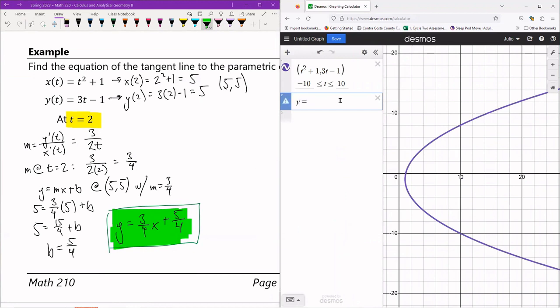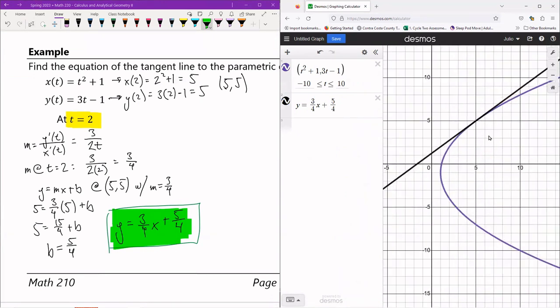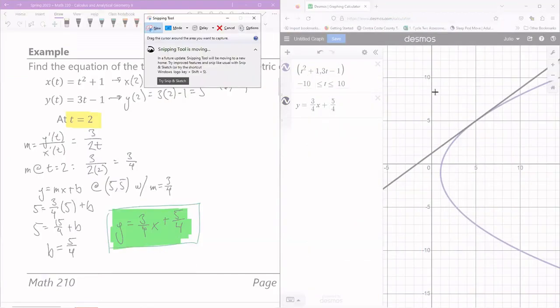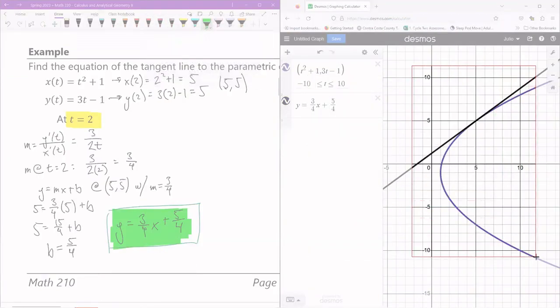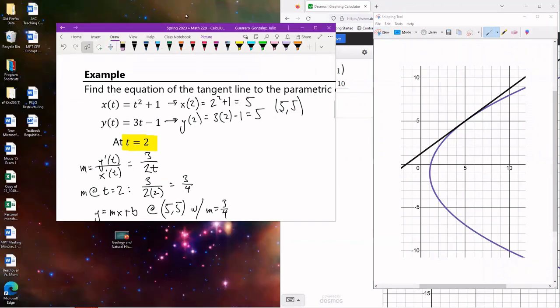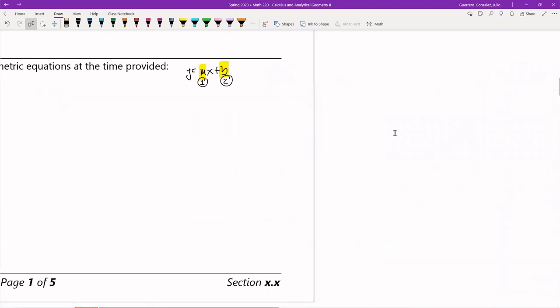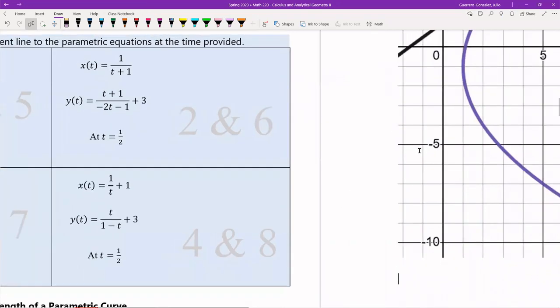So y is equal to 3 divided by 4x plus 5 divided by 4. And lo and behold, that looks pretty darn tangent to me, right? So just to drive home the fact, I'm going to grab this, snip it, and put it in with our notes here. I'm going to paste it over here.